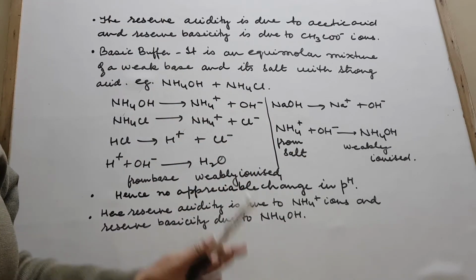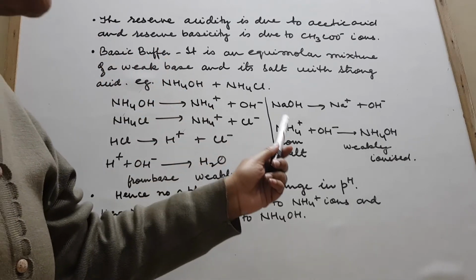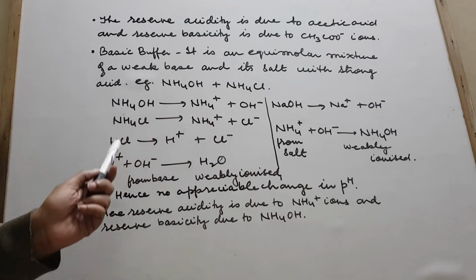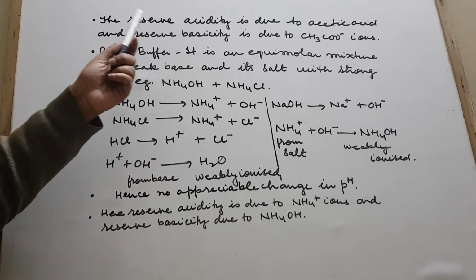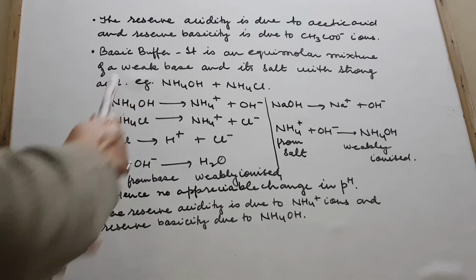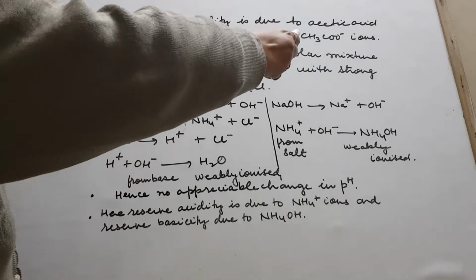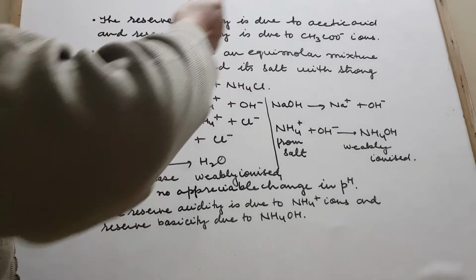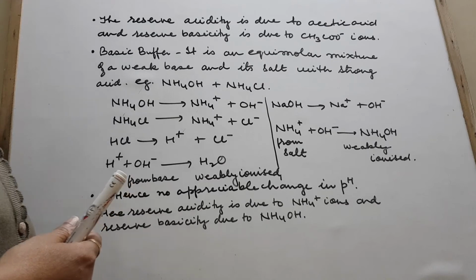By saying so, they said the salt is responsible for the reserve acidity and the base is responsible for reserve basicity. As in the previous case, for reserve acidity it was acetic acid, and for reserve basicity it was acetate ion, or one can even say sodium acetate. It is one and the same thing.